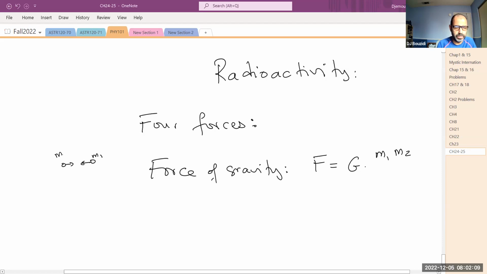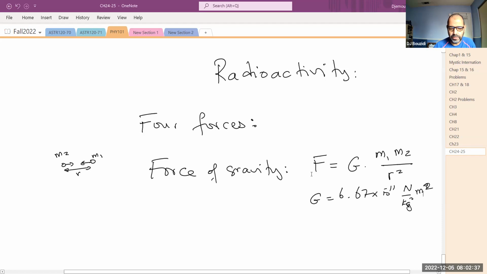This is mass m1, this is mass m2, and the distance between them is r. So the product of these 2 masses in kilograms divided by the distance squared between them, times G. G happens to be a constant of nature, which is 6.67 times 10 to the negative 11, in the proper units, which is Newton meter squared per kilogram squared.